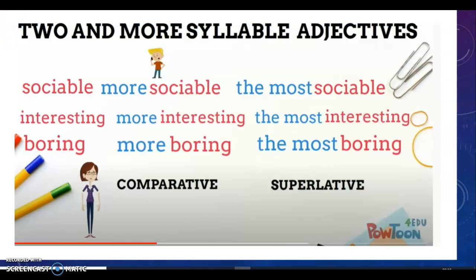So let's summarize again. When we have two and more syllable adjectives, we have to use most in front of the adjective, or more if we want the comparative form. Sociable, more sociable, the most sociable.